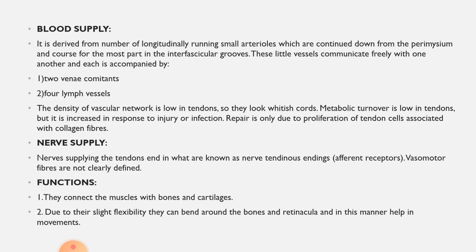These little vessels communicate freely with one another, and each is accompanied by 2 venae comitantes, which means there will be 2 veins surrounding the one artery, and there are going to be 4 lymph vessels.